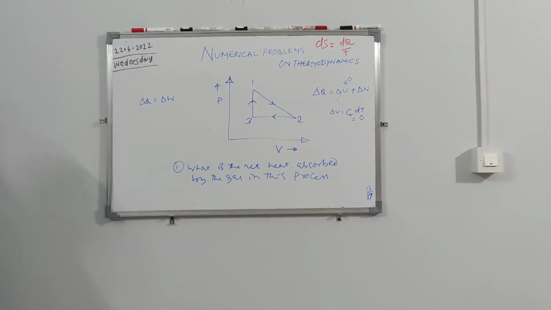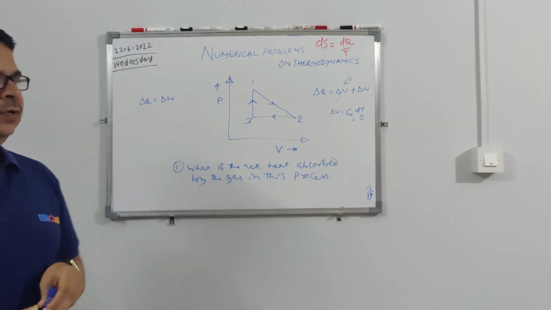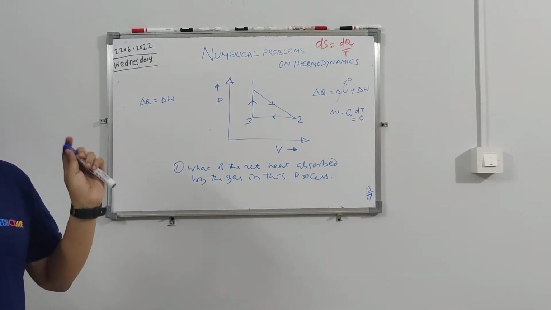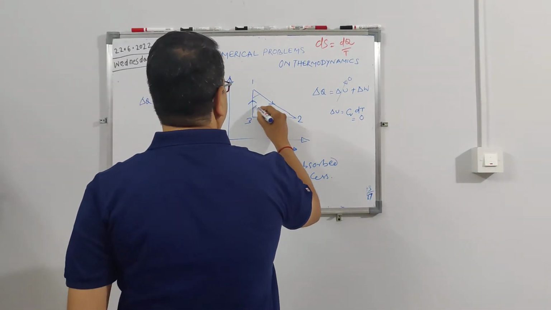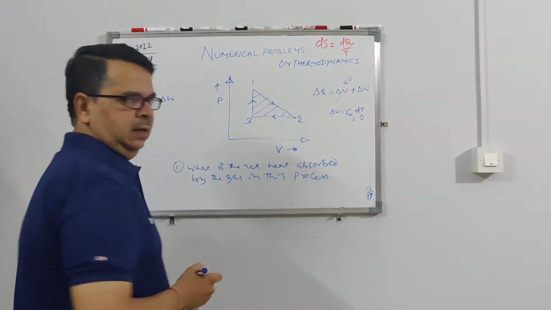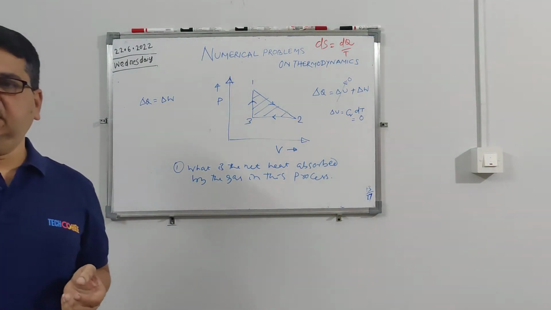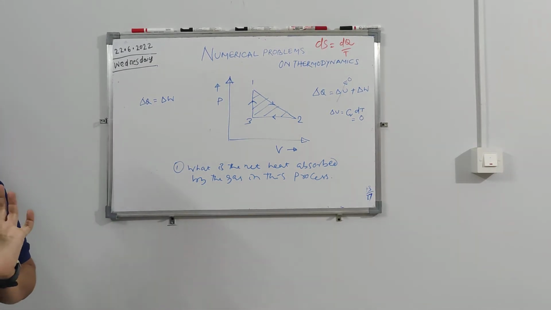So there is a trick in this question. They could have asked what is the net work done. You know work done in a PV diagram is the area enclosed by the PV diagram. So the work done is this much area, the area of the triangle. But they have asked net heat. Because it is a cyclic process, net heat is equal to net work.